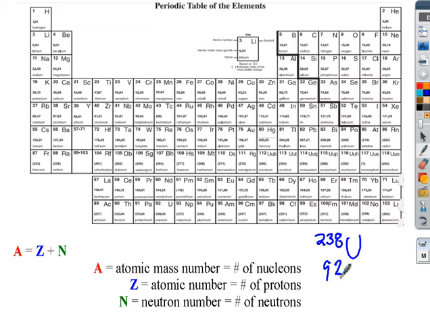Now, if at any point we want to find out the number of neutrons, all we have to do is take this top number, this mass number, subtract the number of protons, and then what's left is the number of neutrons. But the number of protons you can find on your periodic table. This is in your data booklet. For any element, it'll tell you the number of protons, and that's the identity of the element. It's not going to change with whatever element that we have present.